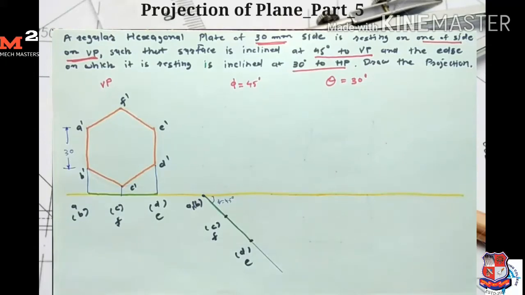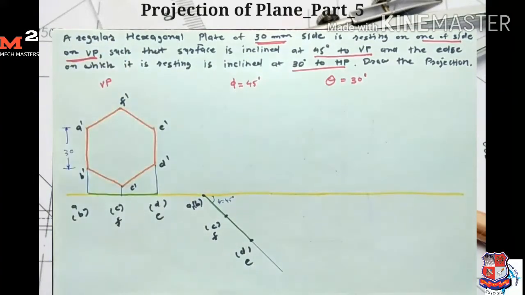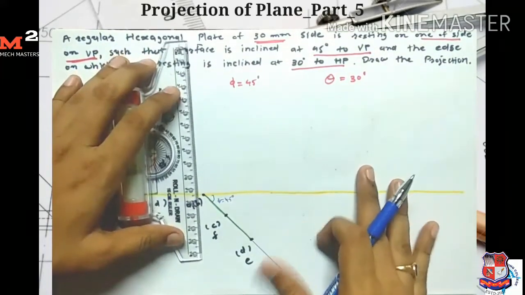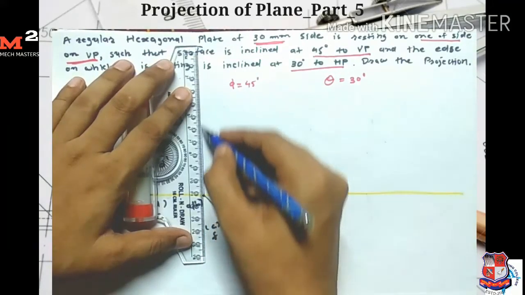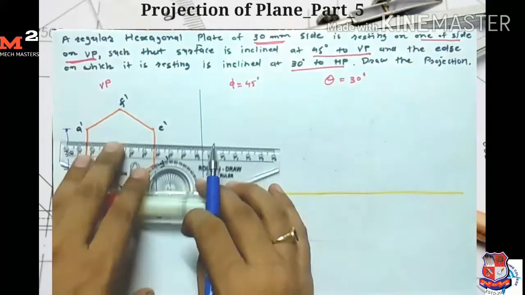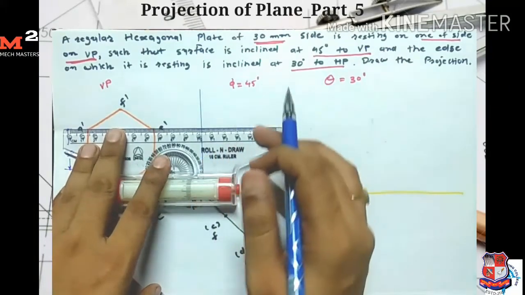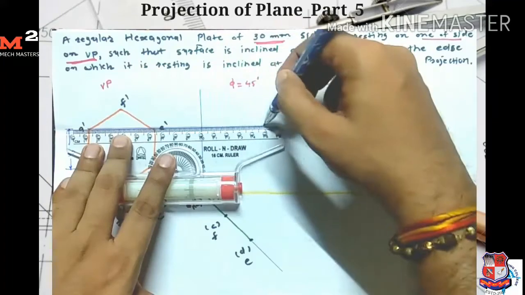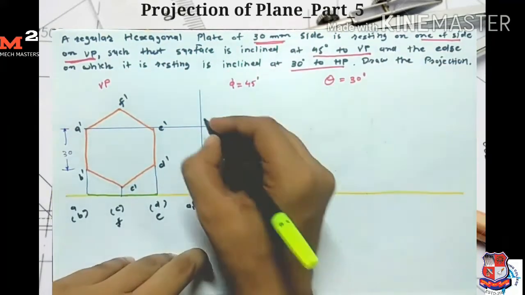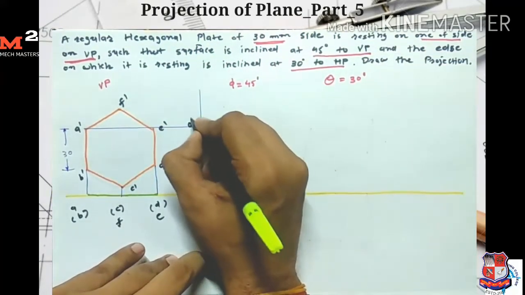Now for drawing the front view, I take the projection from all the points. For point A, I take the projection from here and from here. So here I get my point A dash.